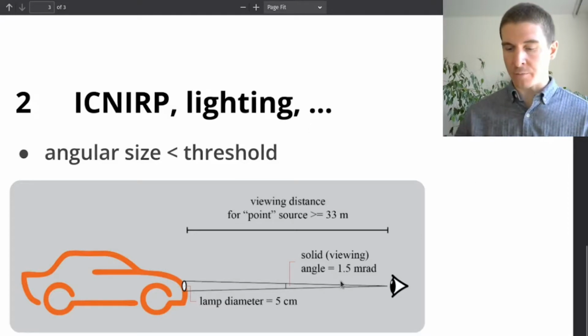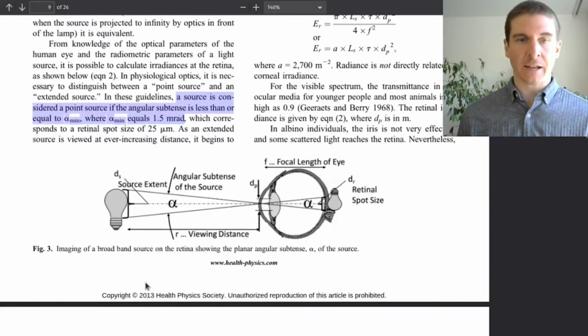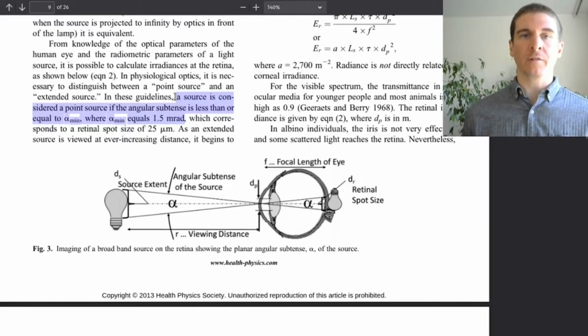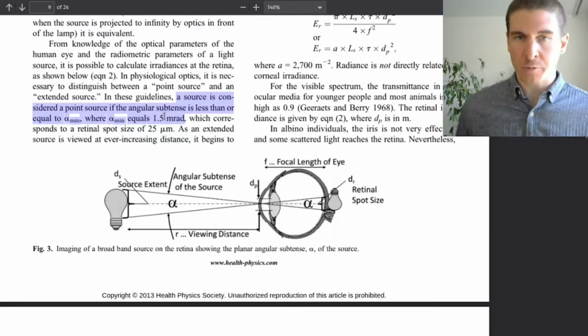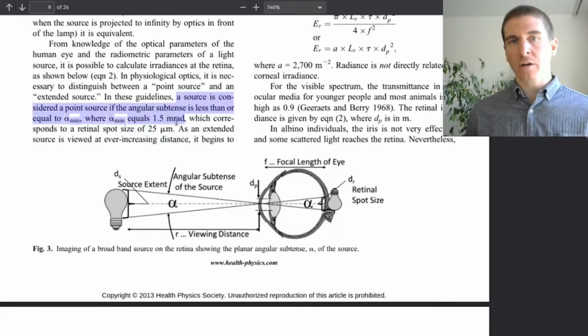These numbers are from this 2013 ICNIRP document. There will be all references in the video description, which clearly defines a point source according to this second type by saying a source is considered a point source if the angular subtense is less than or equal to 1.5 milliradians. Now, there are problems with this number itself too.